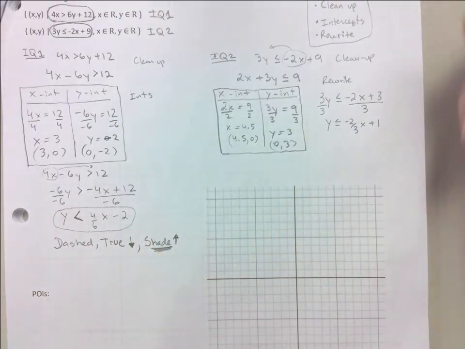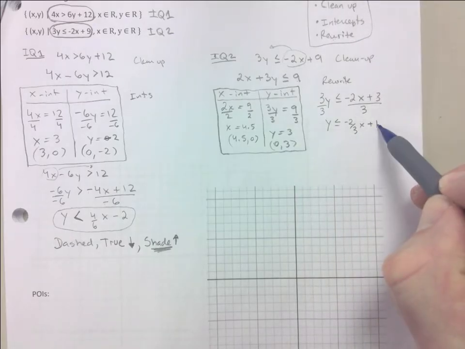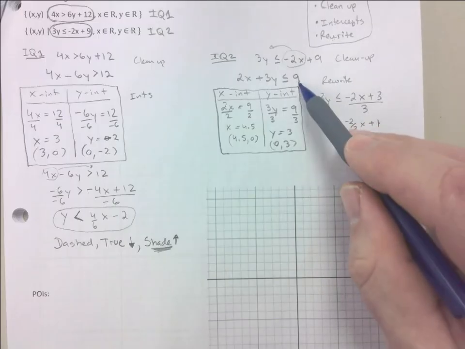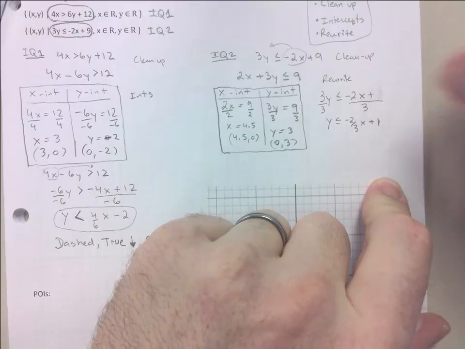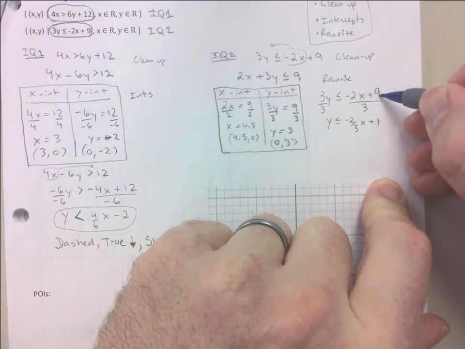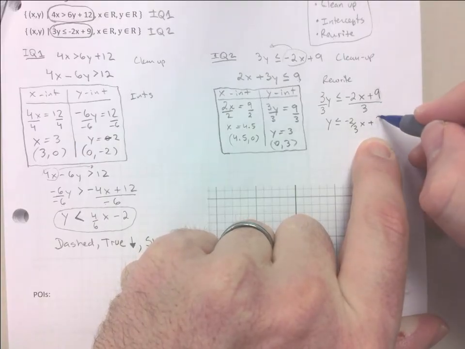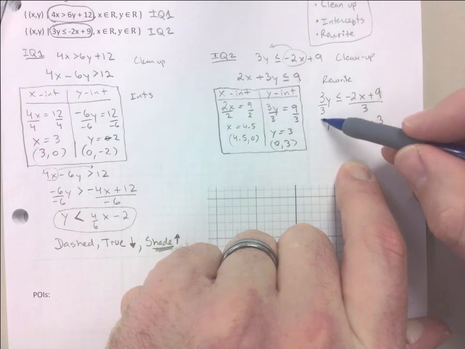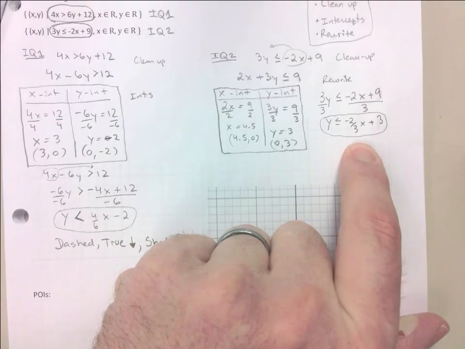Oops, that can't be. Something went wrong, and I see it right away. 9 turned into 3 somehow. So this is supposed to be 9 here. I'm glad it happened, because it's a reminder, watch out. That's my inequality that I'm going to need later.